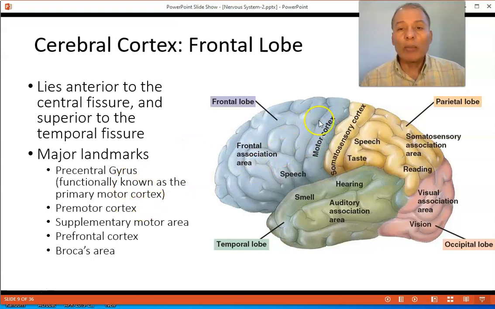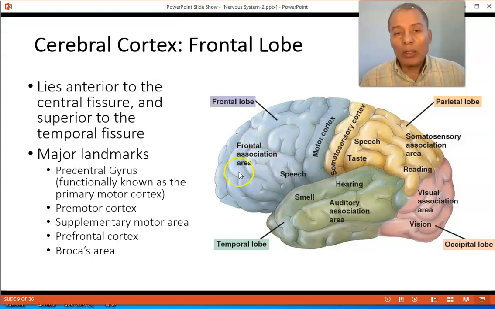So the major landmarks of the frontal lobe. This frontal lobe is your hub for motor activity, motor activation, motor planning. And it's also for emotional processing, for making judgment, for decision making, for working memory, for attention. It has numerous functions. It is what runs your entire brain, your entire body.